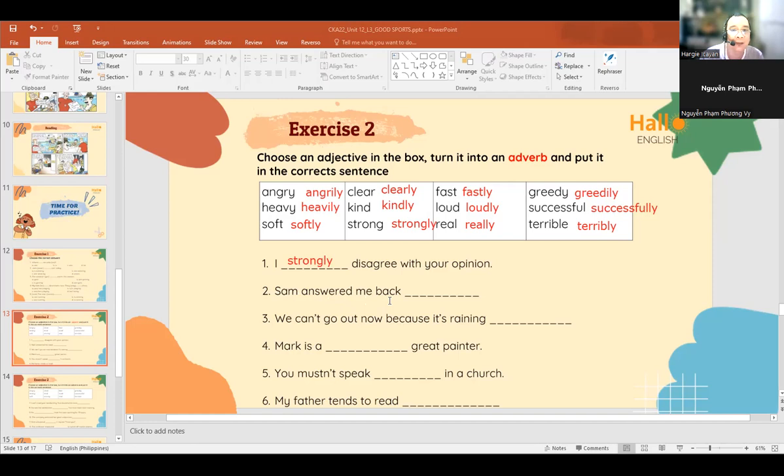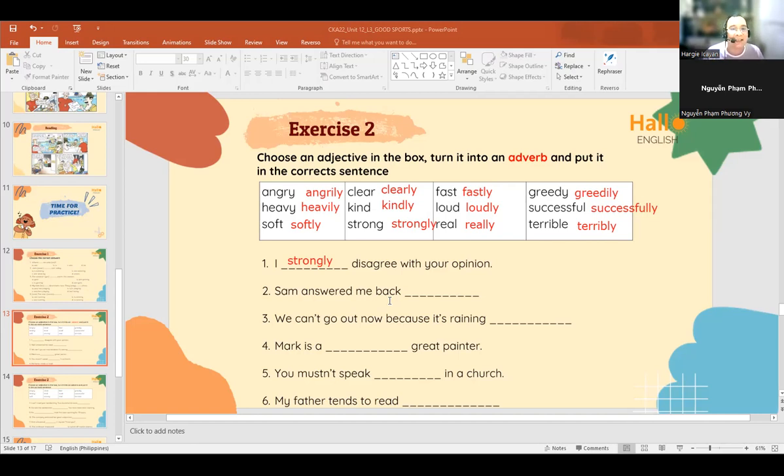Kindly. Fastly. How do you answer back? In some instances, a person might get angry, right?